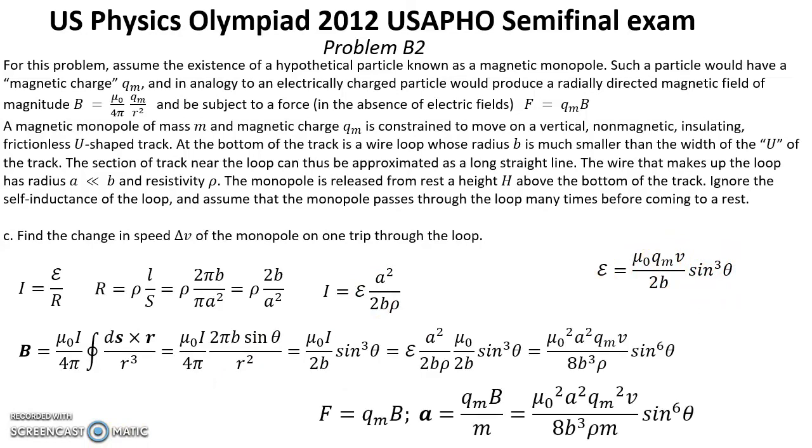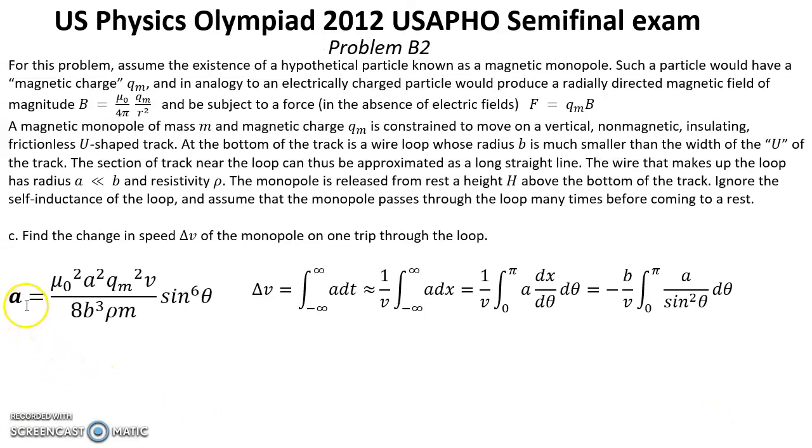Now we can count the force on this magnetic monopole. It will be Qm multiplied by the magnetic field, and acceleration equals force over mass. And we have acceleration equal to this expression. After that we can count the change of velocity.